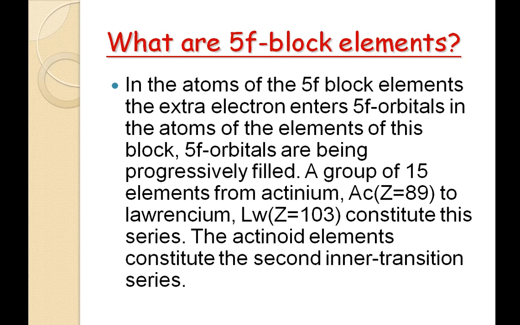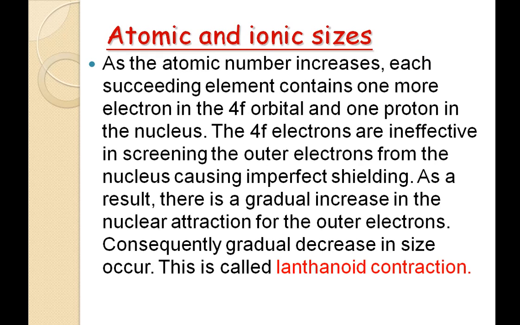Similarly, in the atoms of 5f block elements, the incoming electron enters the 5f orbitals, or you can say 5f orbital is being progressively filled. A group of 15 elements from actinium to lawrencium constitute this series. These actinoid elements constitute the second inner transition series.